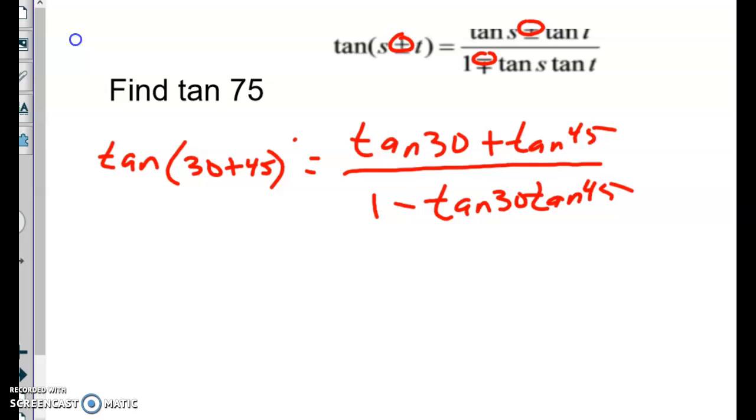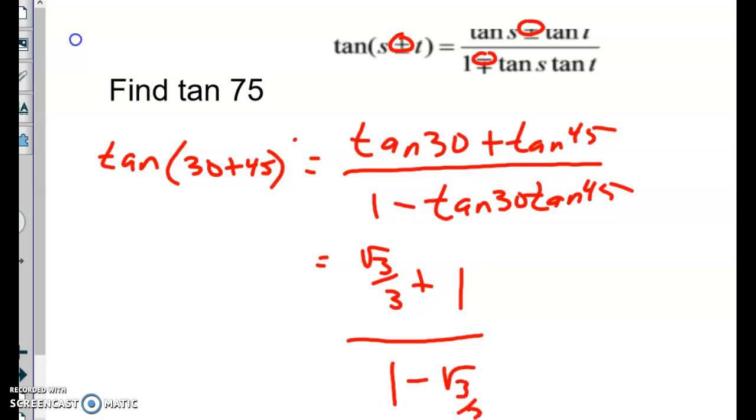So now I'm going to find the tangent at 30 degrees is root 3 over 3, plus the tangent at 45 is 1, over 1 minus root 3 over 3 times 1.